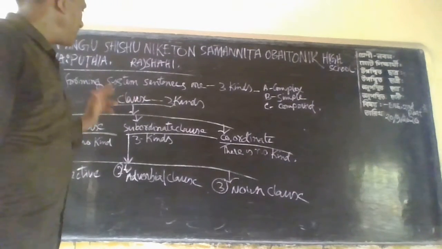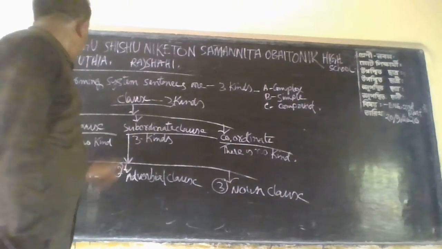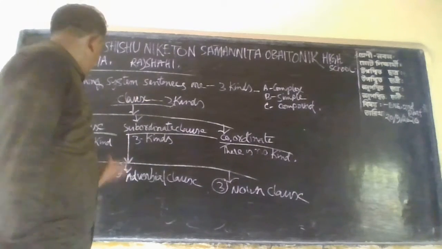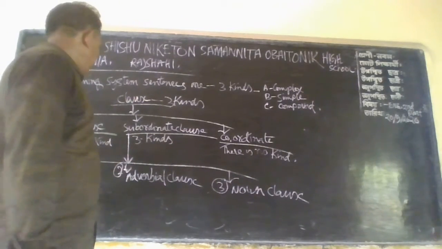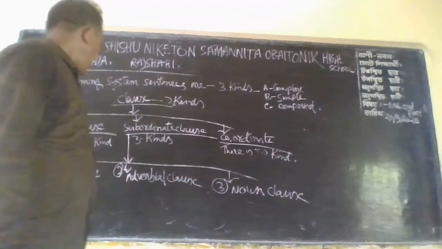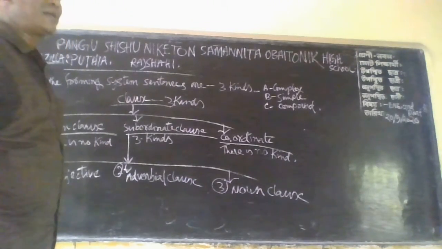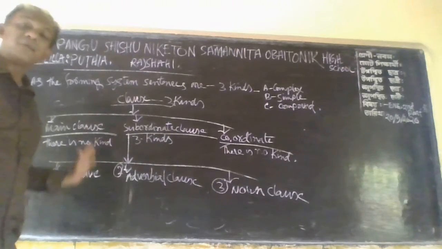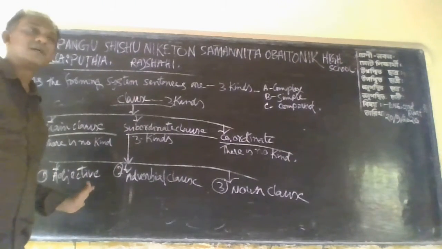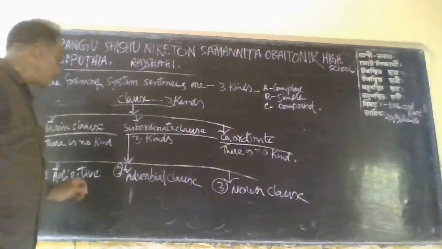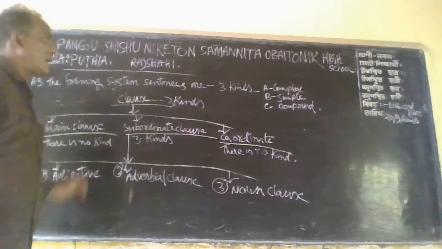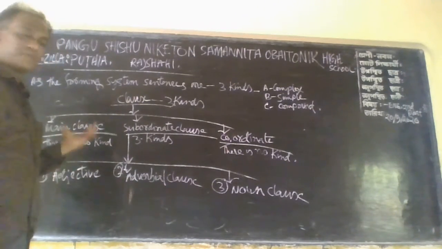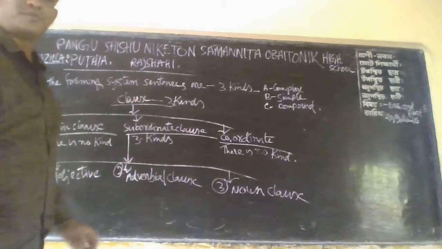And subordinate clauses are three kinds: adjective clause, adverb clause, noun clause. Firstly, we have to know what the adjective clause is. The question may arise, what is the adjective clause? I will try to explain on the blackboard.